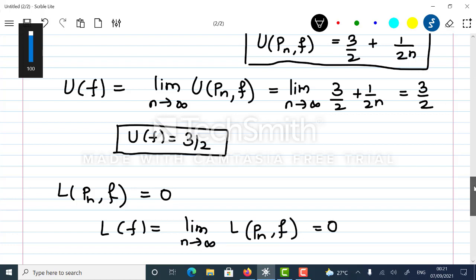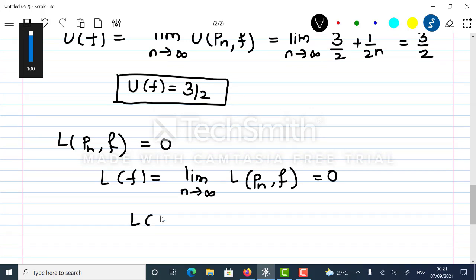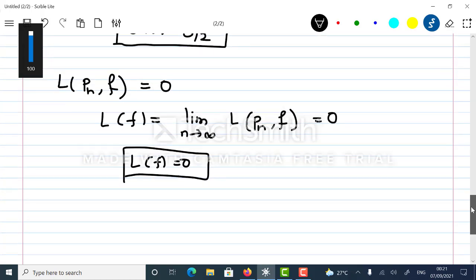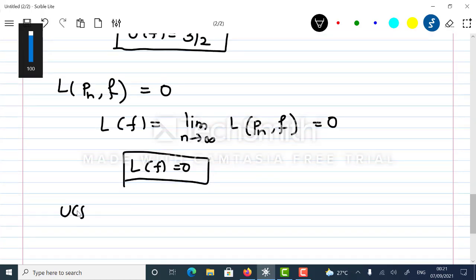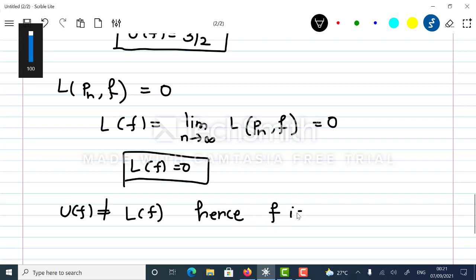So I got L(f) as 0. You can see that U(f) and L(f) are not matching, so U(f) is not equal to L(f), hence f is not R integrable.